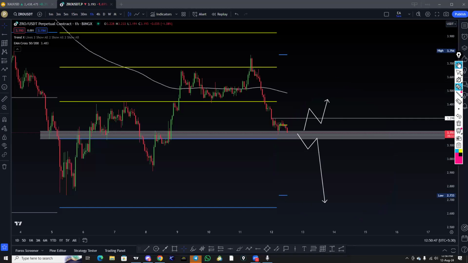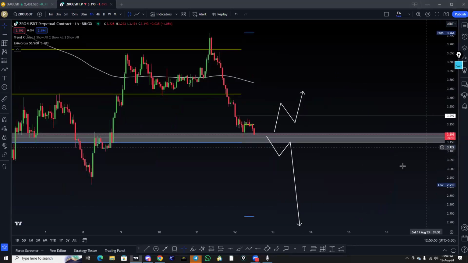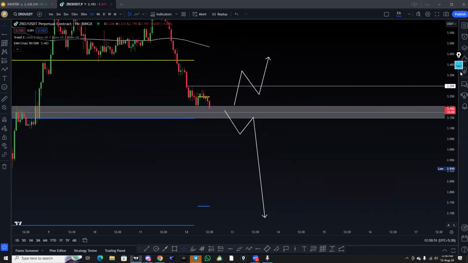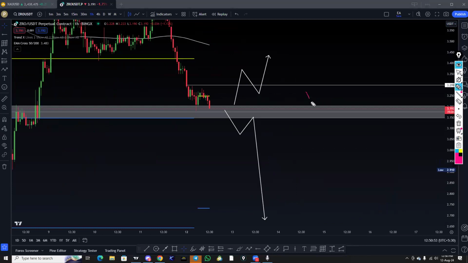But you should remember there is one more possibility. If a candle is coming and you see a breakout, there is one more chance that it can reverse.